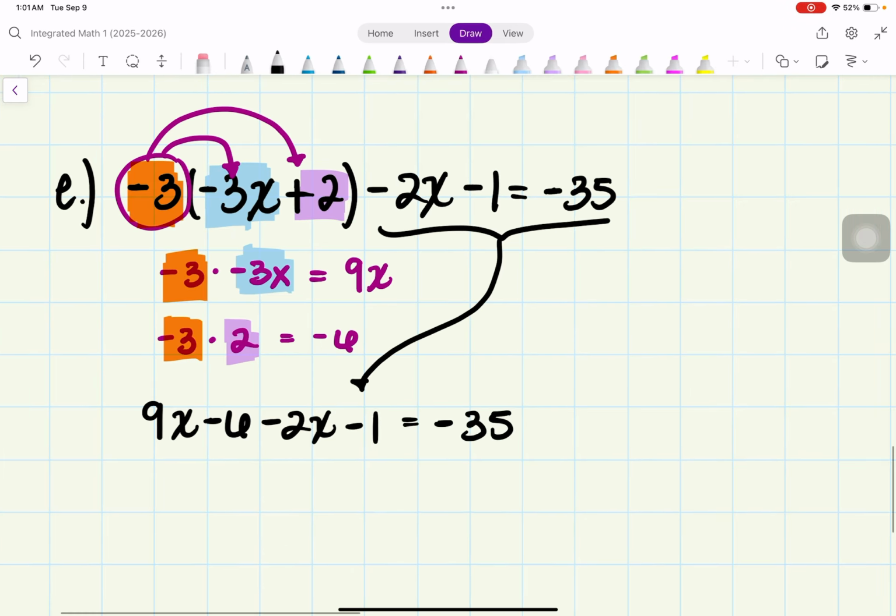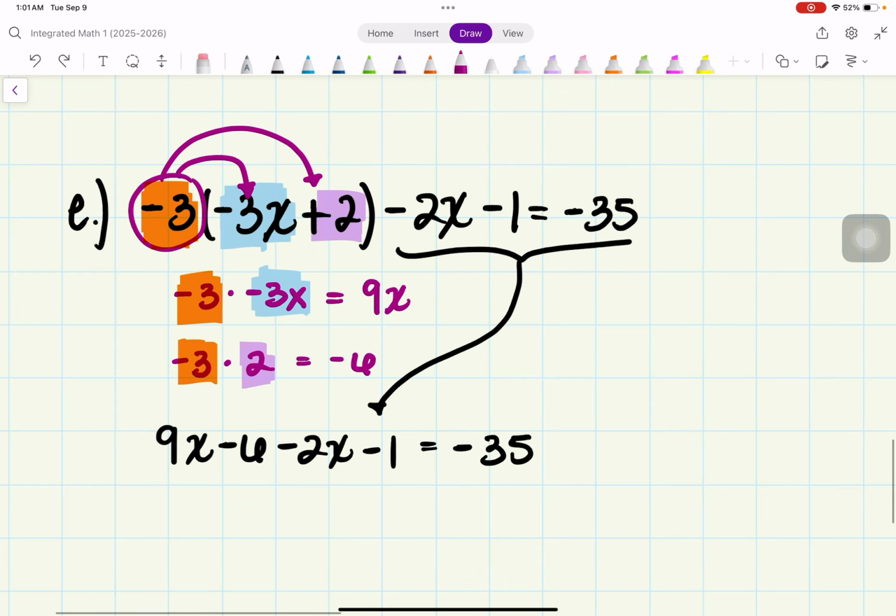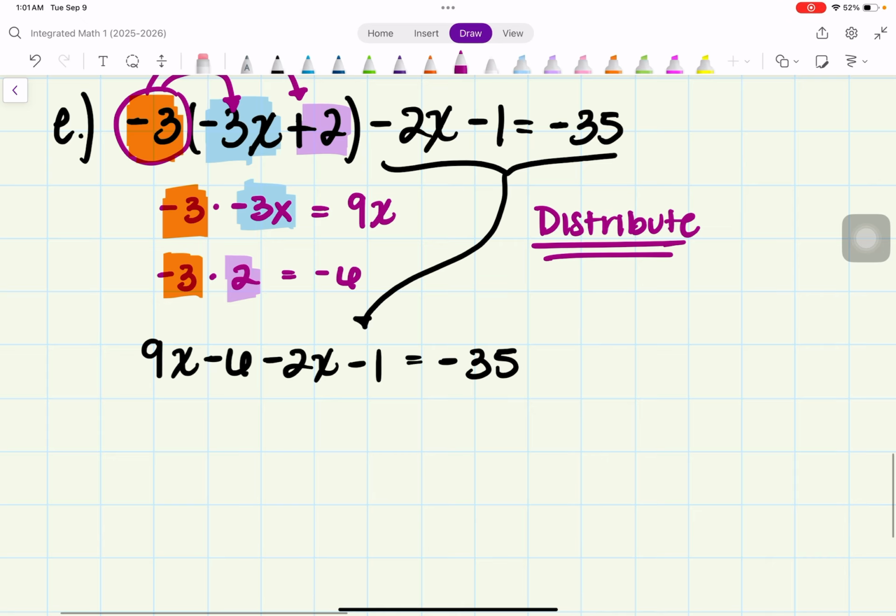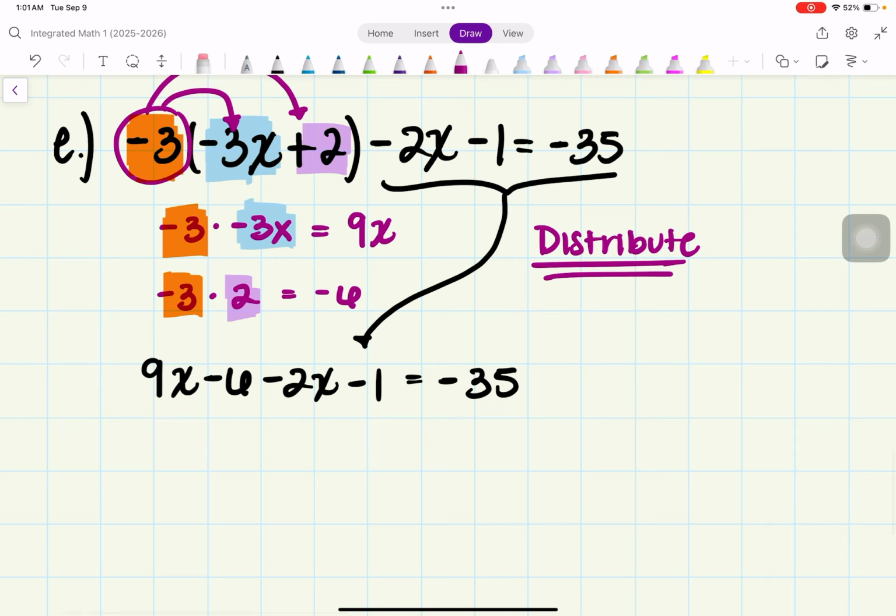Right, so the first step, once again, was to combine, no, I lie, to use the distributive property, distribute. That was my first step. Second step is for us to combine like terms. Like terms have to have the same variable and same exponent. In this case, it's going to be the 9x minus the 2x, which should give us a 7x, right?